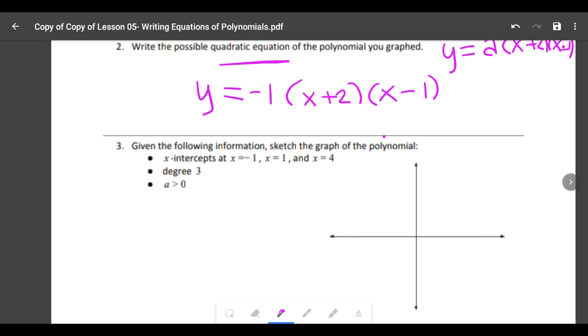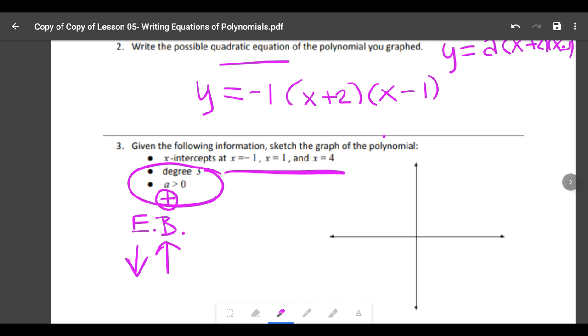They're going to give us some information, describe our polynomial, and we're going to do the sketch. So we know here that this polynomial is third degree with a positive a value, so our end behavior is going to be down, up. The other thing we know is that there are 3 x-intercepts.